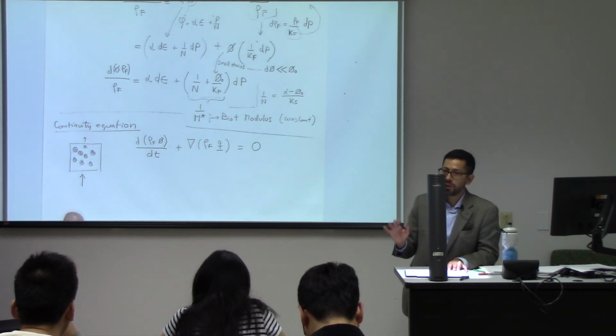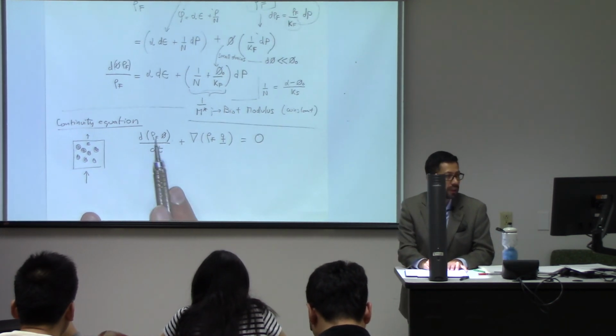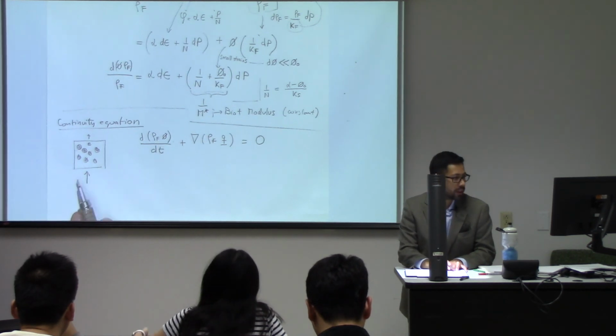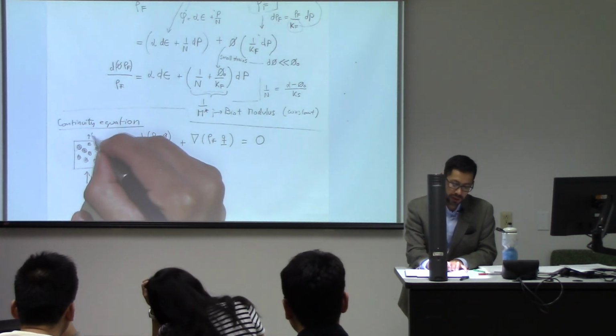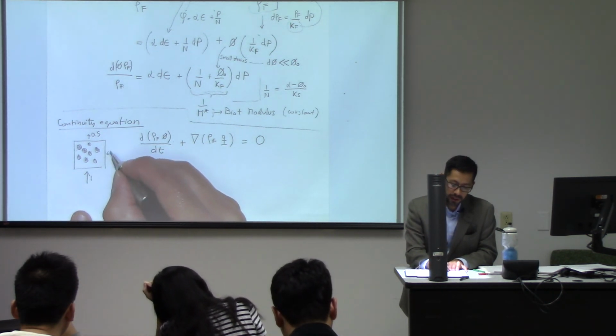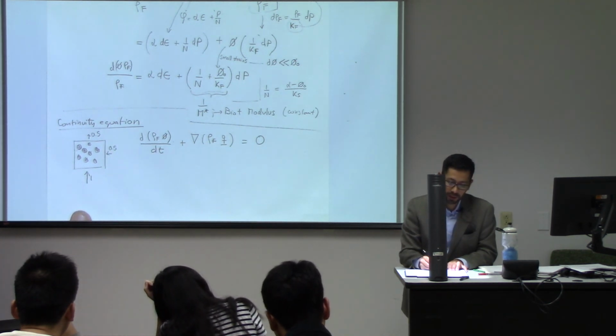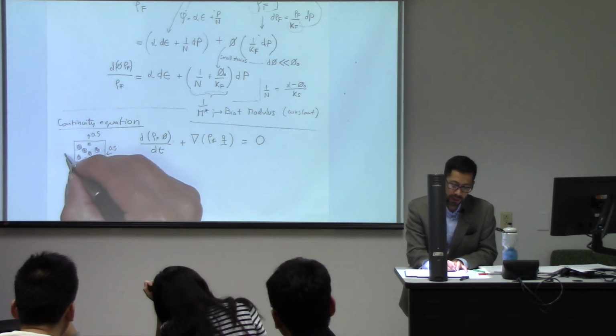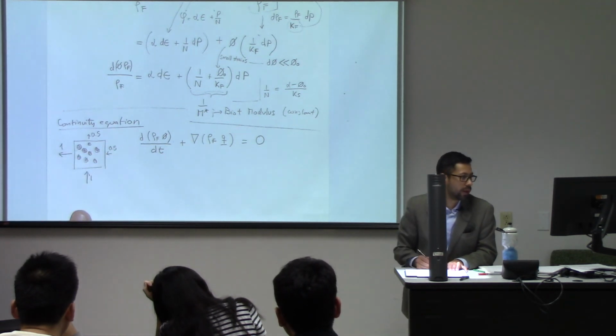So if we assume no variation of density, no variation of porosity, if you're injecting 1 in this direction and you're getting 0.5, well, very likely here in this direction, if you were getting a 0.5, now you have to get 1.